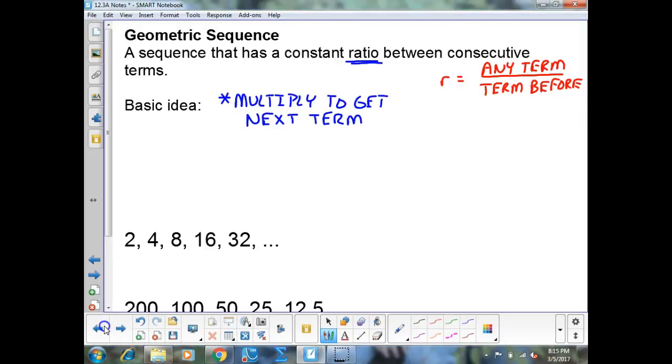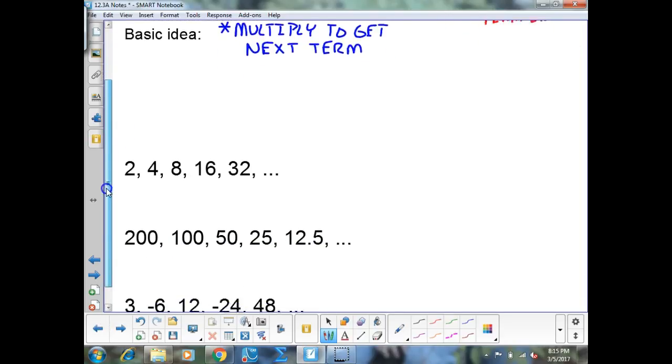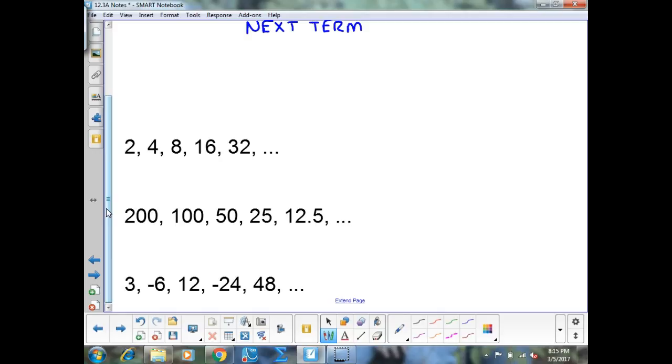So if I'm looking at these sequences, what I'm looking for is what I'm doing to get to the next one. If I'm first looking at it, I would say, well, if I'm thinking arithmetic, it's plus 2. But then it goes plus 4. So I know that one is not arithmetic.